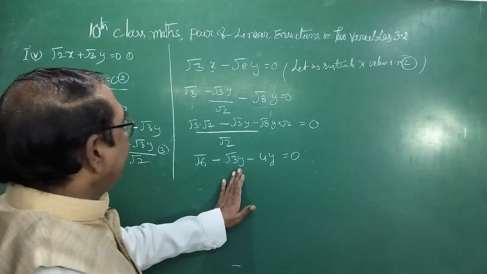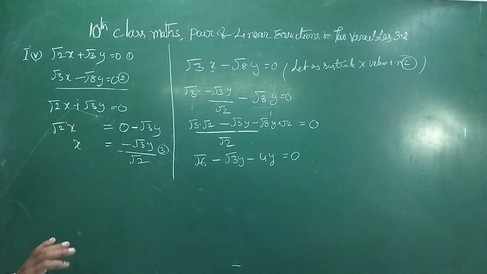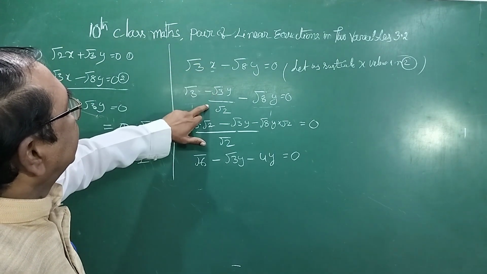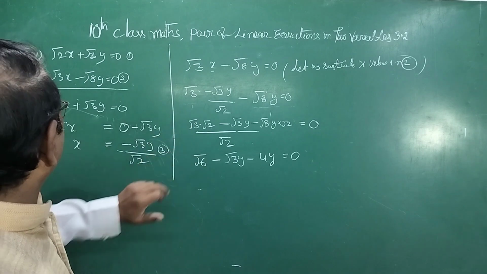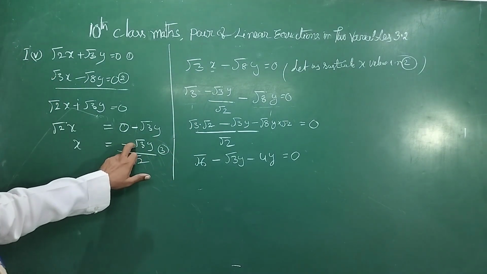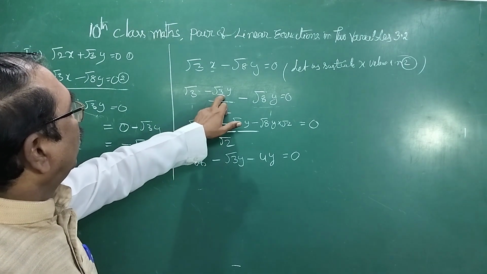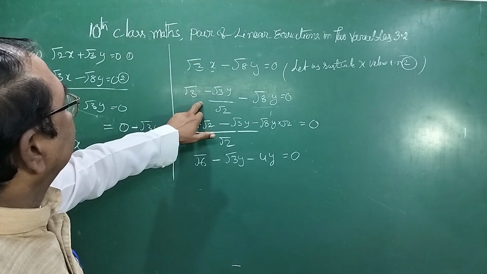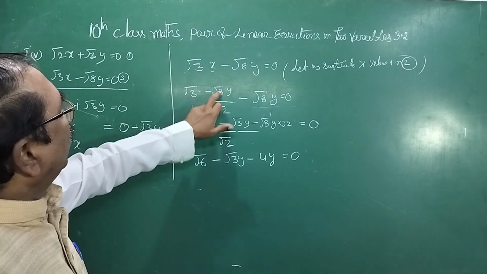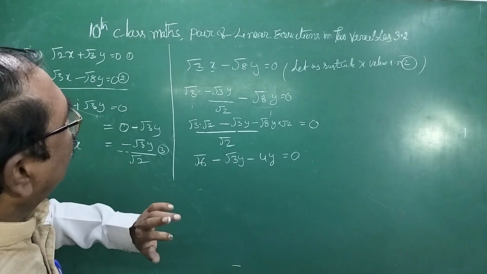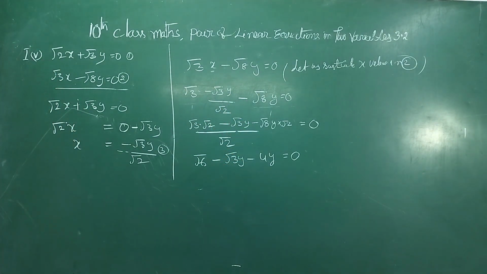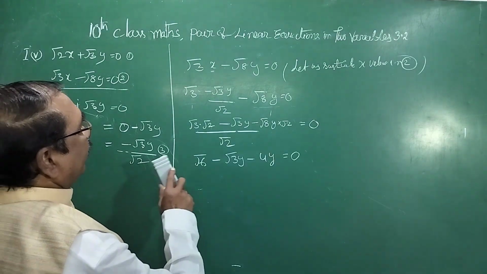Like that we have to find it. What is root 3 into x? The x value is minus root 3y by root 2, and there is another term we forgot.